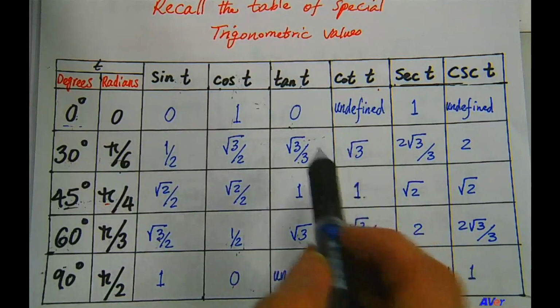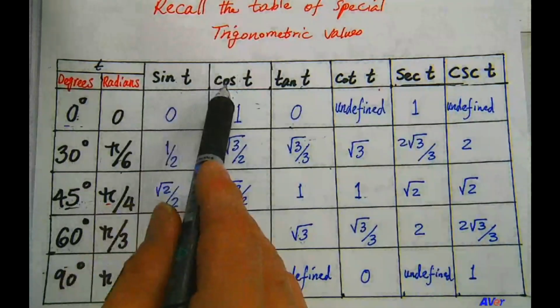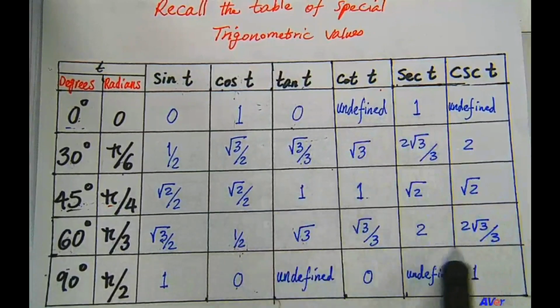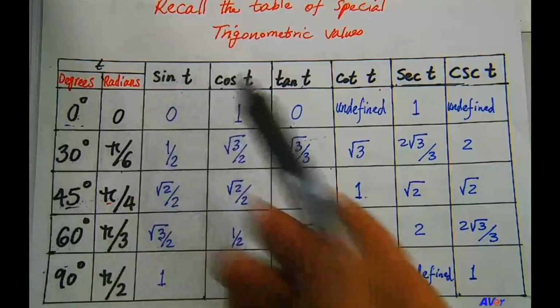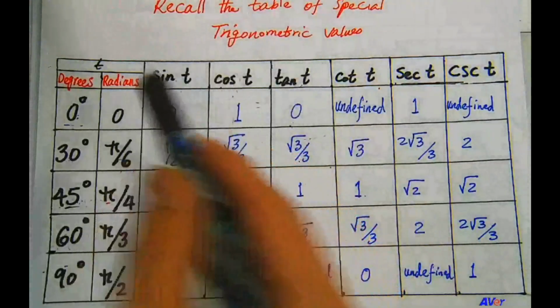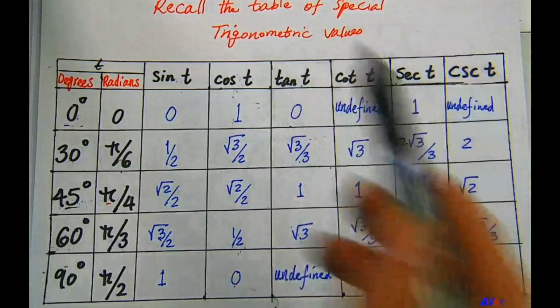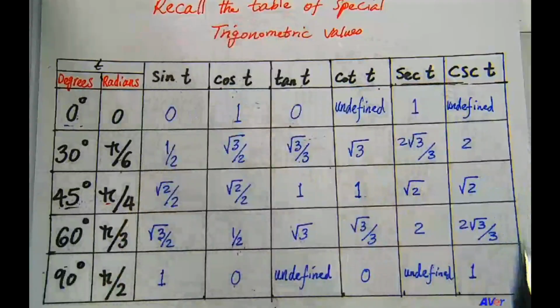But you don't need to memorize all of this, because as long as you remember the sine and cosine, you can derive all these from them. Tangent is sine over cosine. Cotangent is the opposite, cosine divided by sine. Secant is the reciprocal of the cosine. Cosecant is the reciprocal of the sine function.